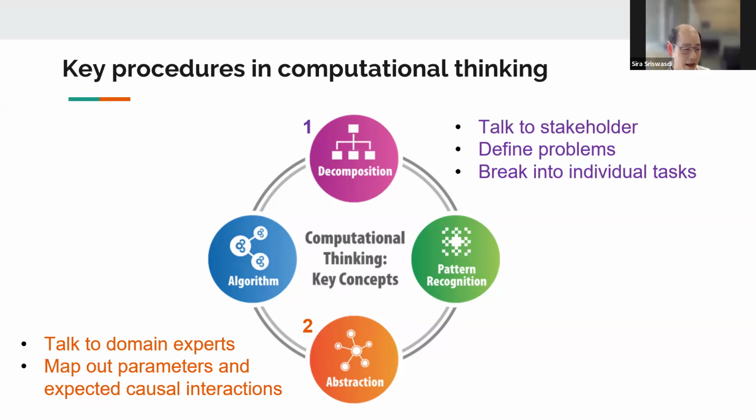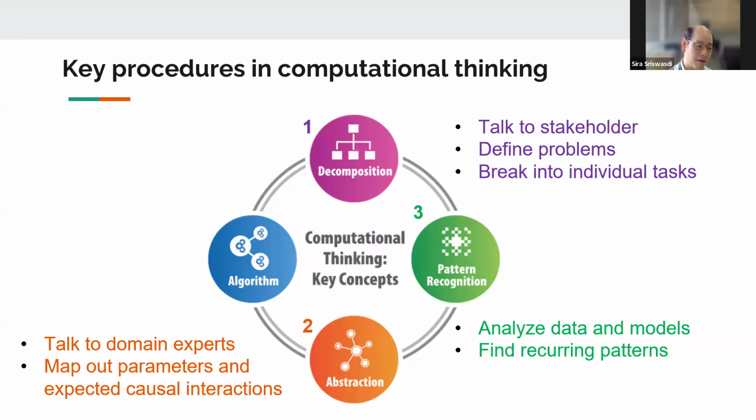Once we have the parameters, this defines how we collect the data. If the parameter of interest is genetics, then we do DNA sequencing. If it's on the protein level, then we need to do proteomics. Once we collect the data, we need to analyze it and try to identify patterns.